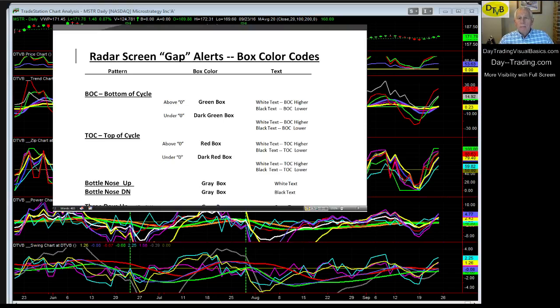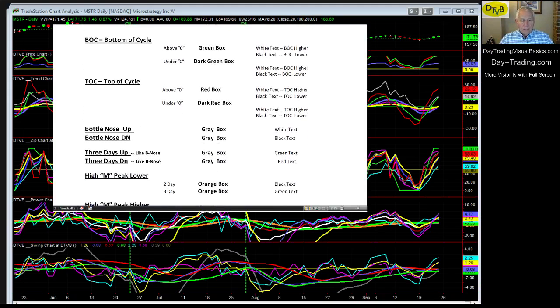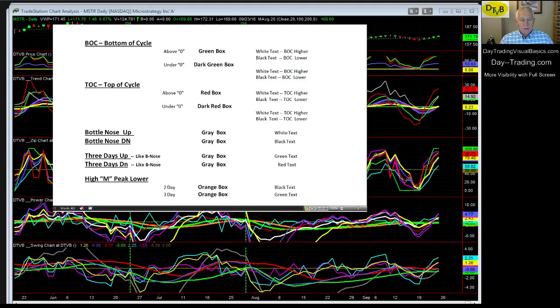And when a box turns a particular color, it will alert you to what we have here on the screen. And like a bottom of cycle, for example, the first one, when it's above 0, it's a green box and it has white text when it's BOC higher, black text when it's a BOC lower.